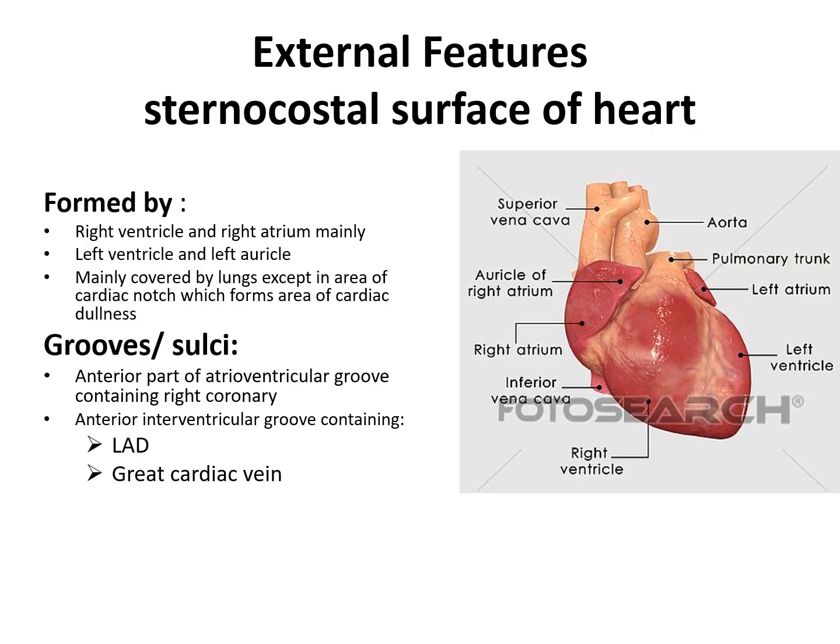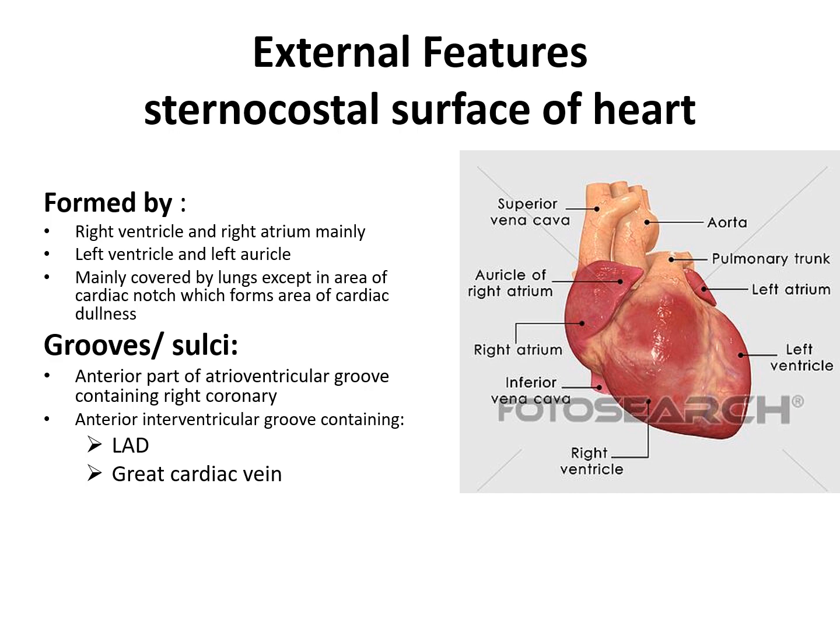Sternocostal surface is the anterior surface of the heart, which lies under the cover of the sternum and the costal cartilages, and is mainly contributed by the right ventricle. On the right side, it is also formed by the right atrium and the right auricle, while on the left side, it is formed by the left ventricle.